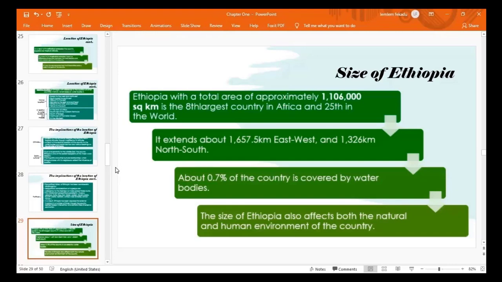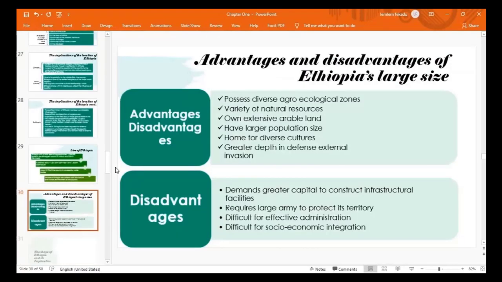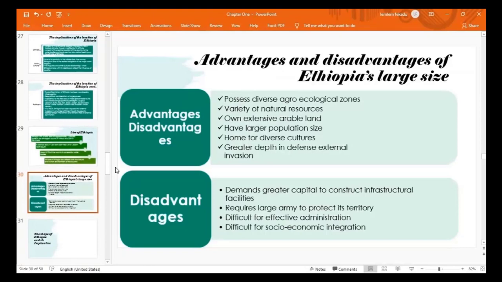The size of Ethiopia also affects both the natural and human environment of the country. So there are advantages and disadvantages which are associated with the larger size of the country.